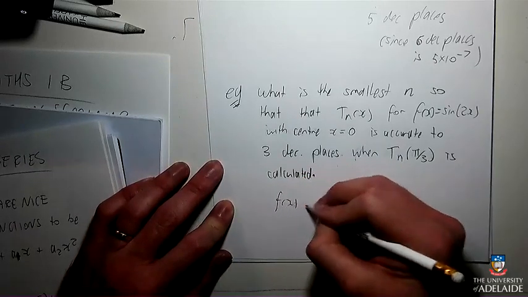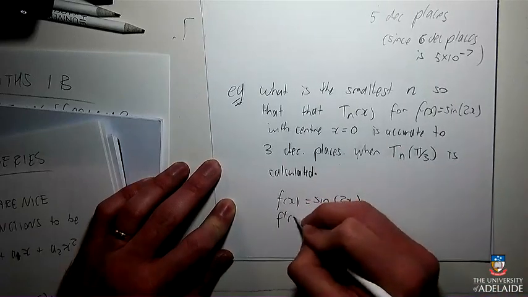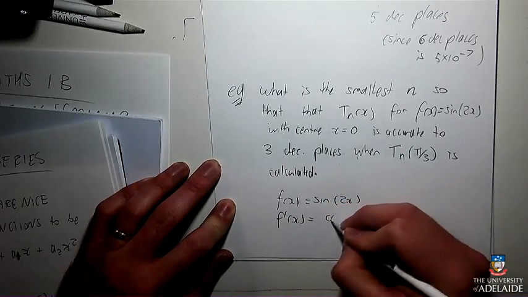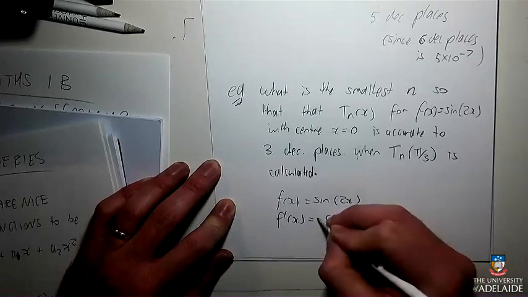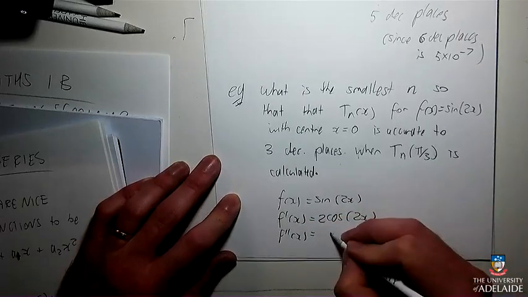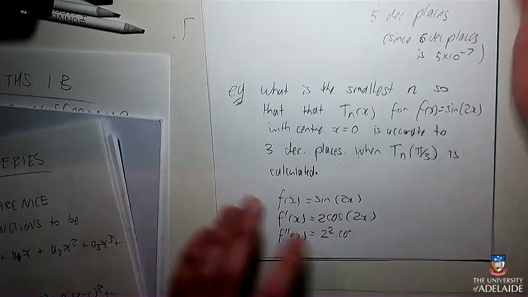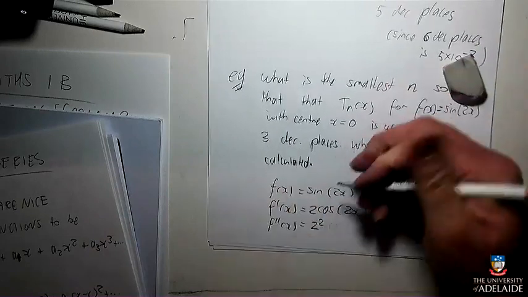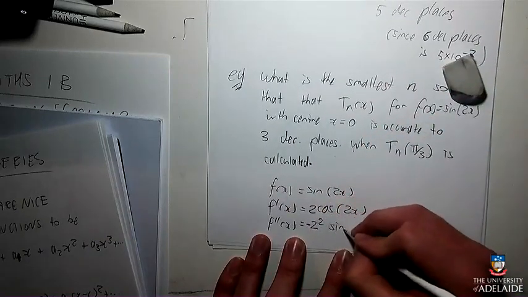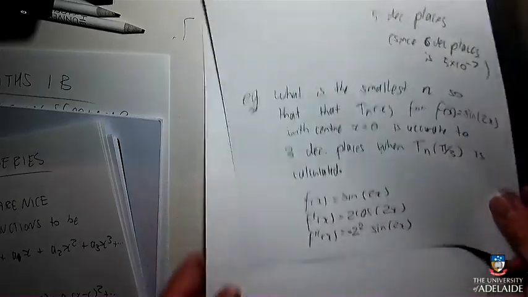So f of x is sine of 2x. F dashed of x is cos of 2x with a 2. F double dashed of x is 2 squared, sine of 2x but with a minus. I should not have chosen sine.